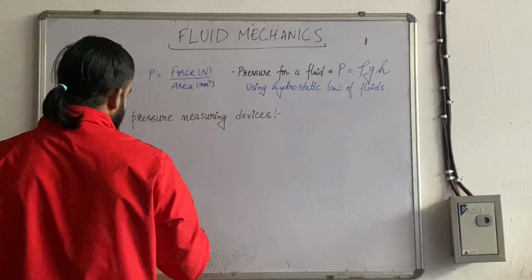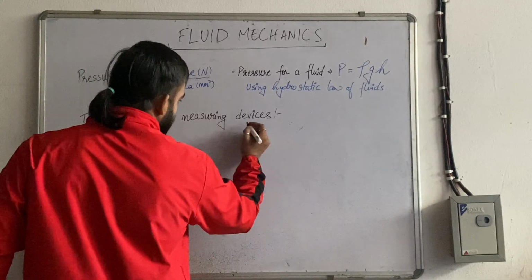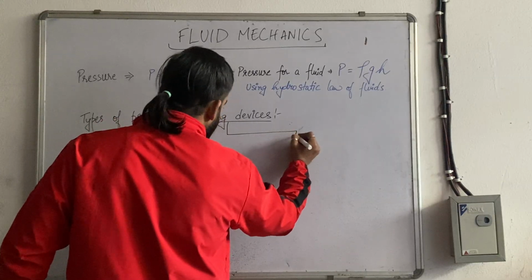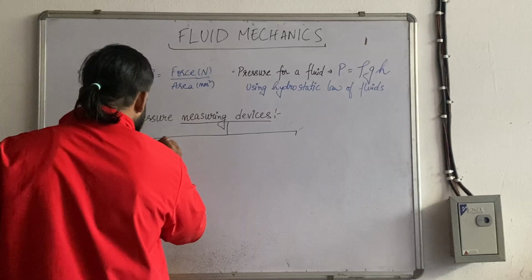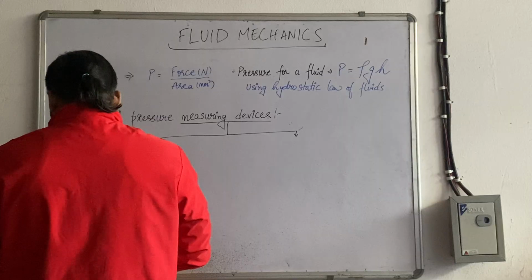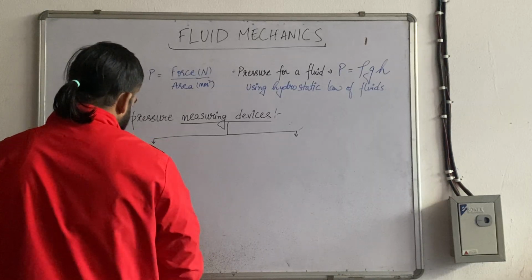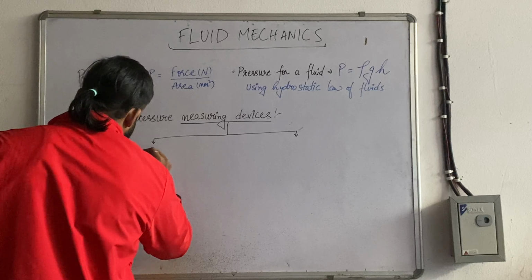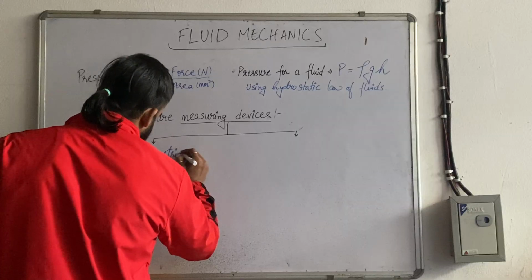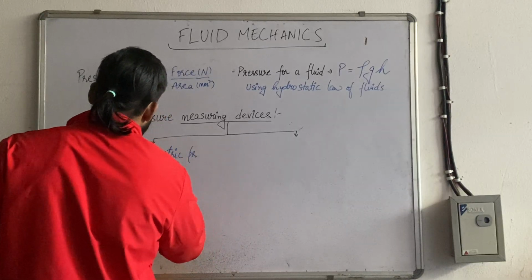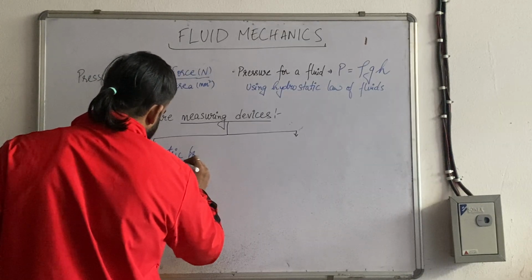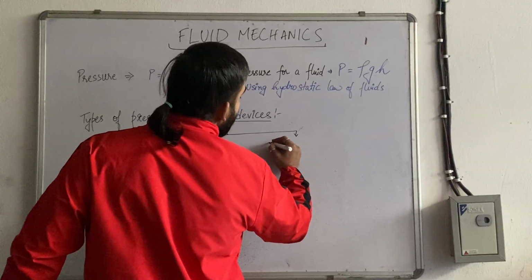Now we can make a table for this measuring device, which is divided into two parts. One is for manometric pressure measurement, and we can also use mechanical gauges.